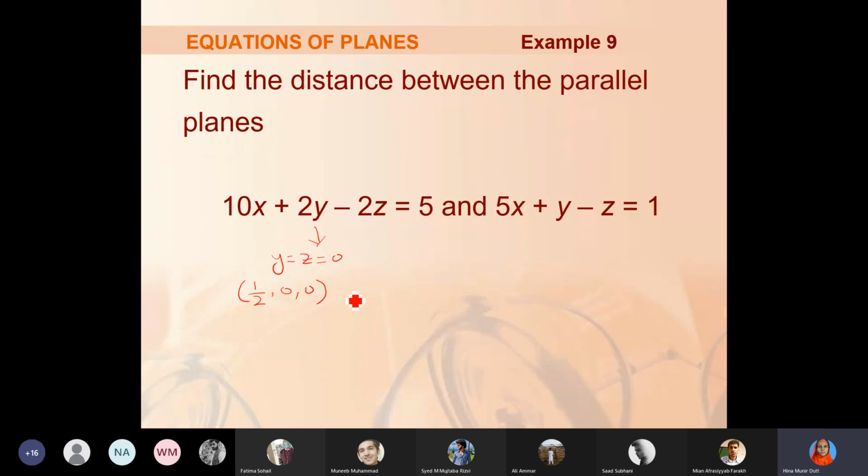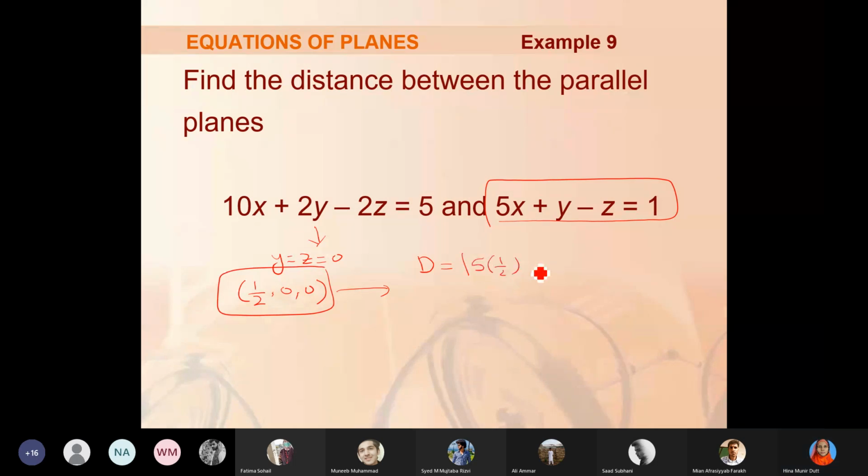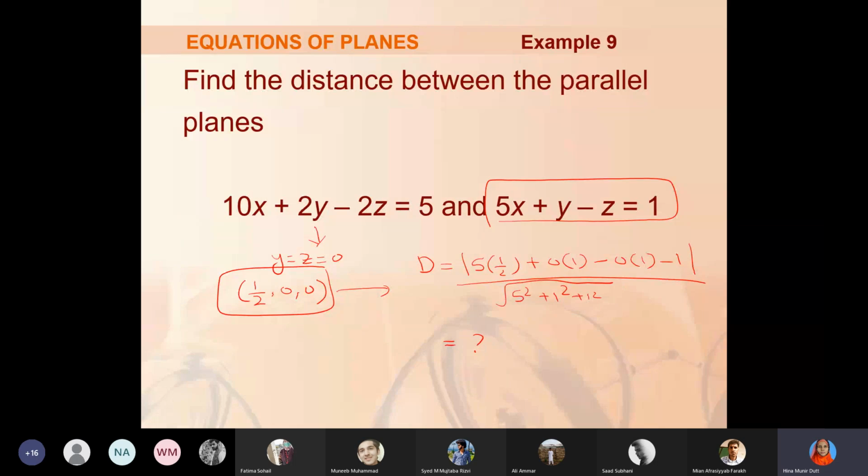Now I find the distance between this point and this plane by using that formula, which is just substitute this point over here, mod of this, and then square root of 5 square plus 1 square plus 1 square. Just determine this value, and this is the distance between two parallel planes.